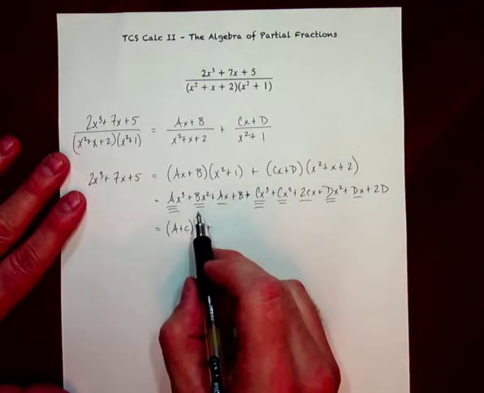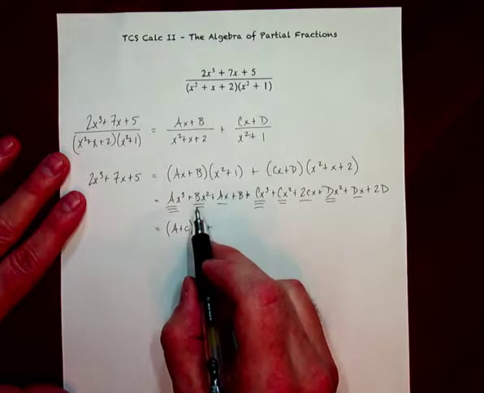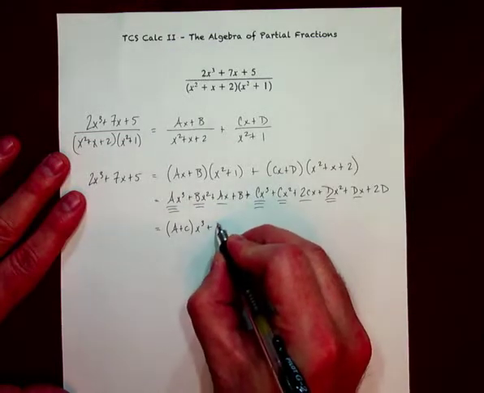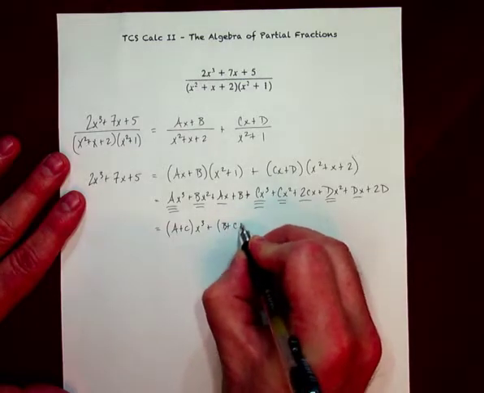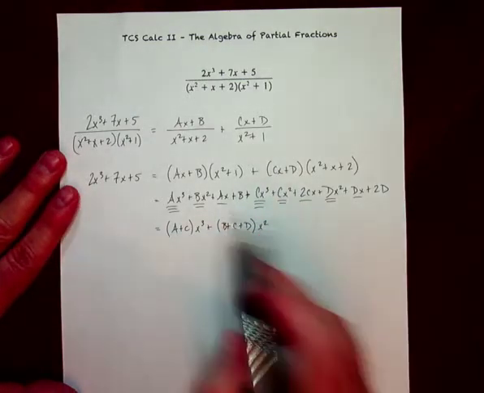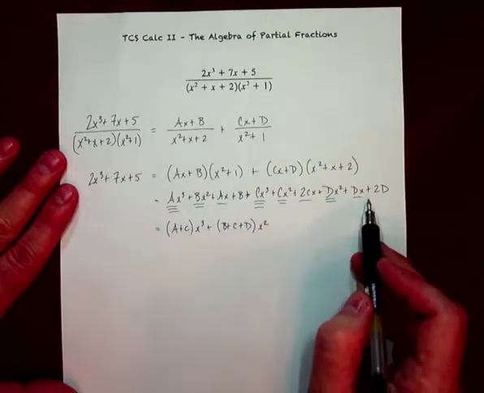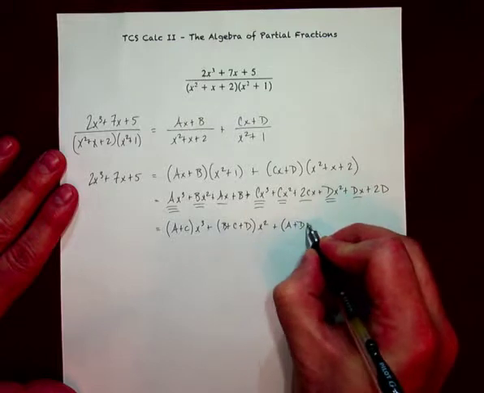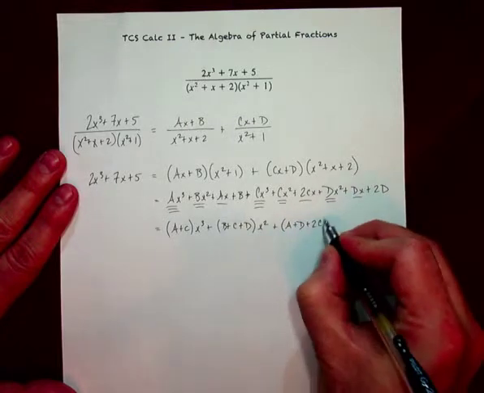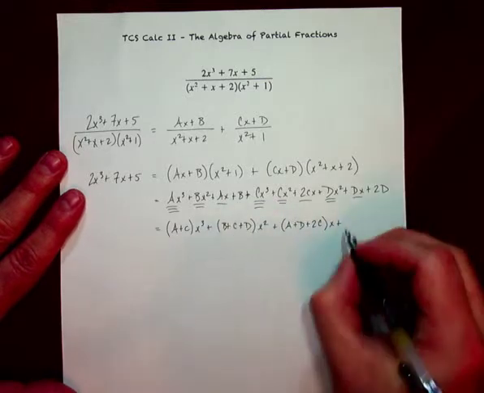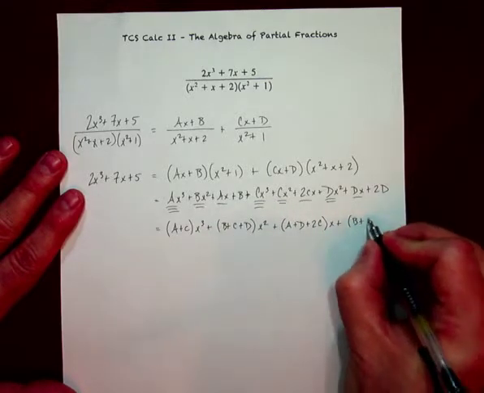And I'm looking for second degree now, and I see that there's 1, 2, 3 of them because I've already underlined all 3 of them twice, and I get b plus c plus d x squared. And now let's go back to the linears, a and d and 2c, a plus d plus 2c x. And then, of course, the constant is b and 2d, b plus 2d.